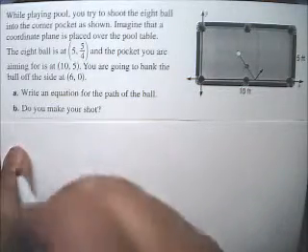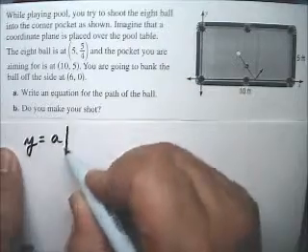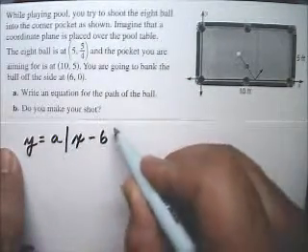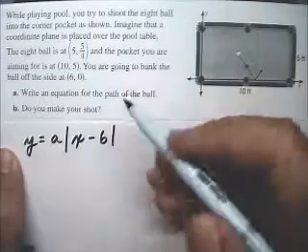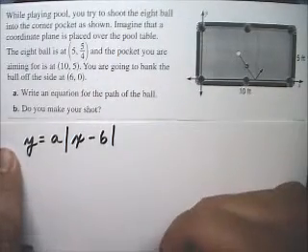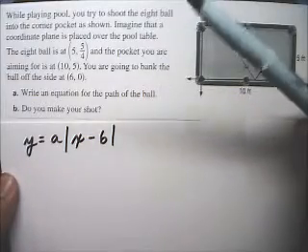We'll have y is equal to a times the absolute value of x minus 6 plus 0. See, the k is the 0, so plus 0, I can just leave that off. Well, that made it a little easier.